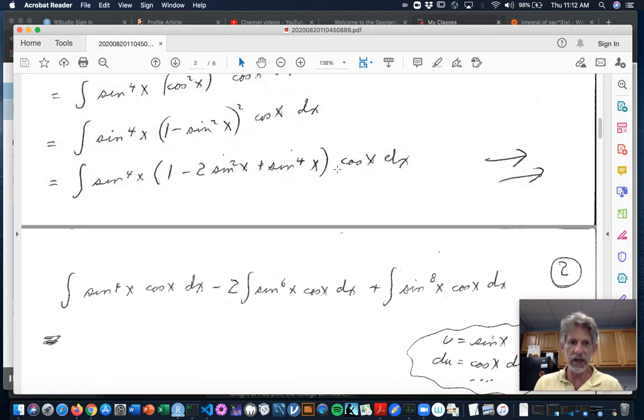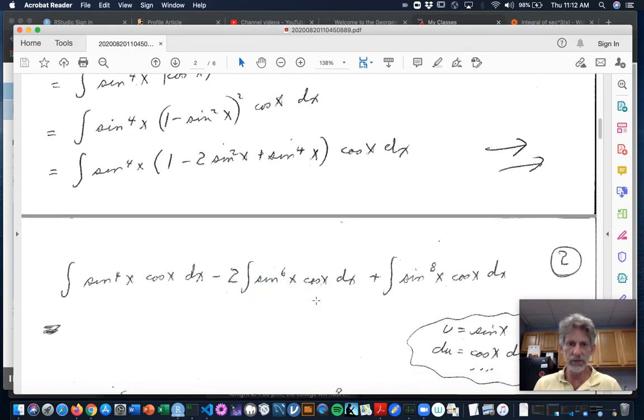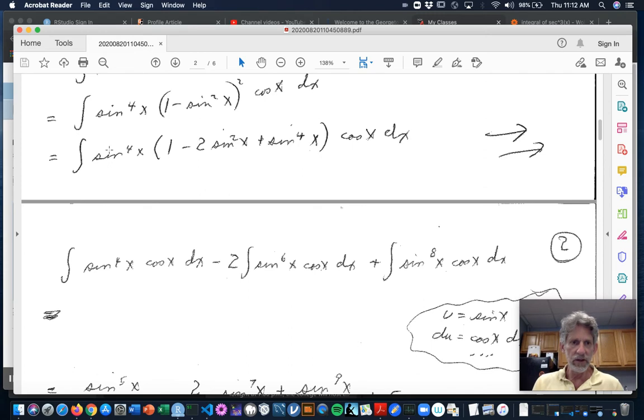So I'll have a sine to the fourth cosine x. This term here is going to get a sine to the fourth, and it's also going to get a cosine x, becoming minus 2 sine to the 6th x cosine x. And this last term, sine to the fourth, is going to get another sine to the fourth times a cosine, becoming sine to the 8th cosine.